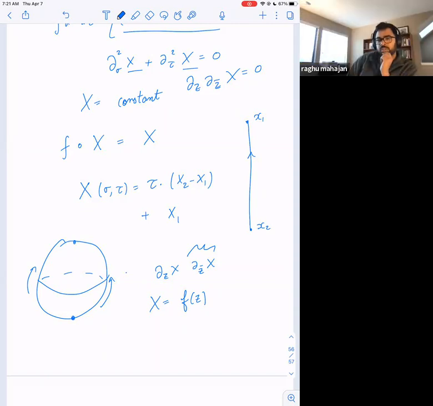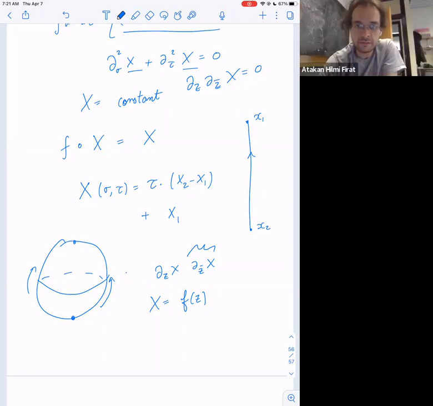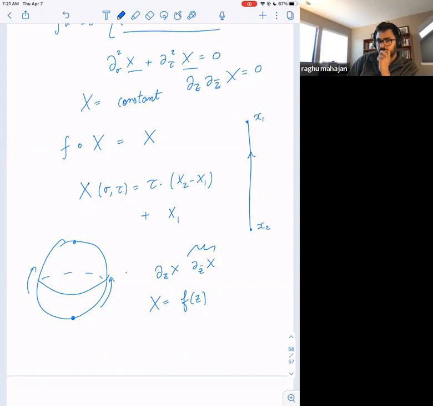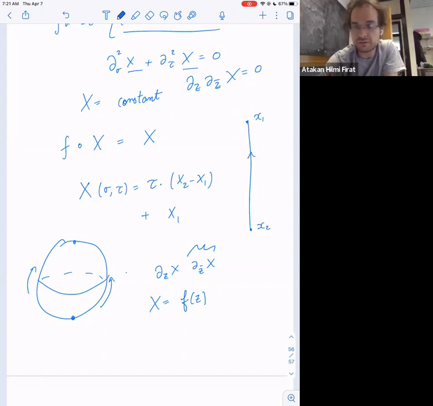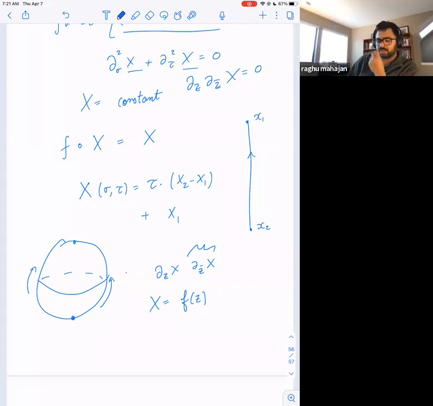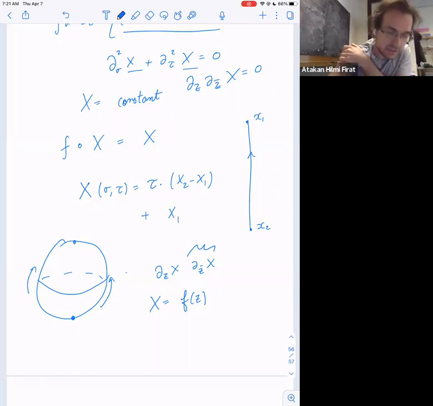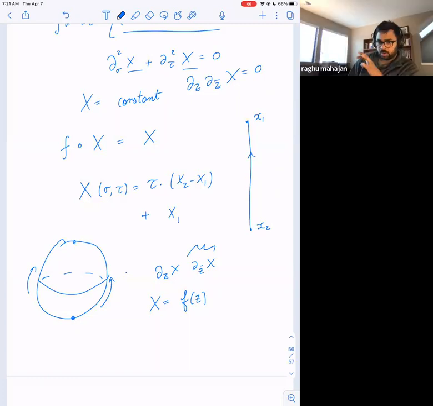Yeah, so the question is what makes a saddle good versus bad? So right now we seem to have an infinite number of saddles with this arbitrary function f in it. Yeah, even arbitrary forms, it doesn't have to be a function. Well, x is just a function, right? X, if it's a scalar on the worldsheet, is just, in the specific context of the, yeah, okay, in this context, that's correct.